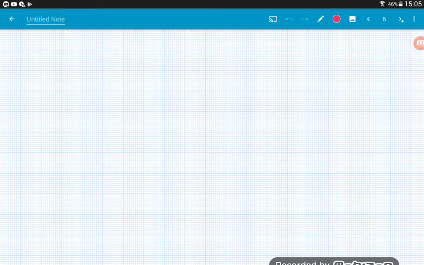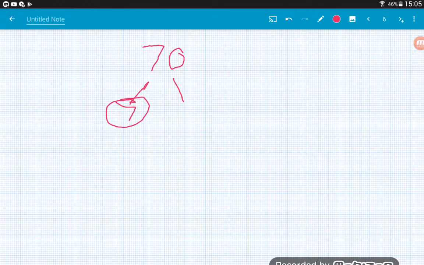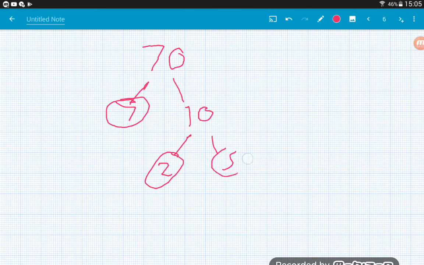Alrighty, what about if we go for 70? The first thing I spot is that 7 goes into 70, and 7 is prime. 7 goes into 70 10 times, and then we want to split 10 up. Well, 10 is 2 times 5.